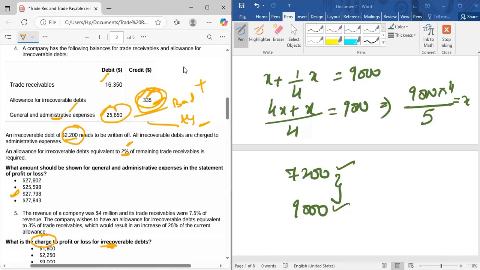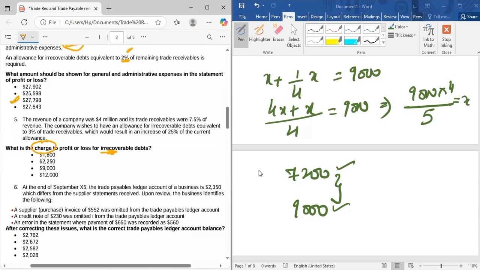We did not take that amount, we just took the movement. Similarly, in this question too, this is our opening allowance, and this is our closing allowance after adding 25%. So the movement would come out to be 9,000 minus 7,200. It would be 1,800, which is option A.